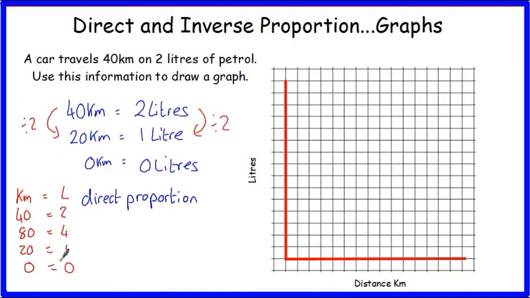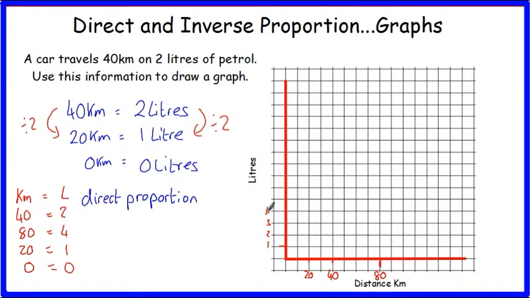Now again, it's up to me completely where I plot this, but let's put 80. Let's count up 1, 2, 3, 4, 5, 6, 7, 8. Let's put 80 here. So 40 would be here, and 20 would be here. Let's just go up in ones there: 1, 2, 3, and 4.